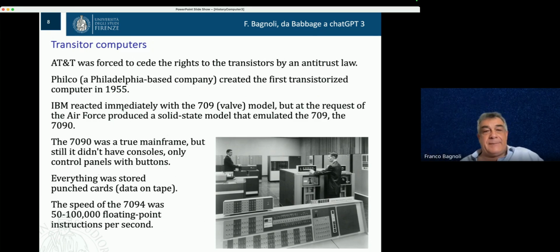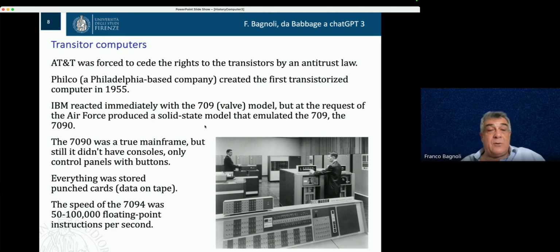And clearly, those like IBM who were specialized in building computers using valves or vacuum tubes, which were also reducing in size and so in consumption, tried first to react using the same model, but finally they were forced to switch to solid state.